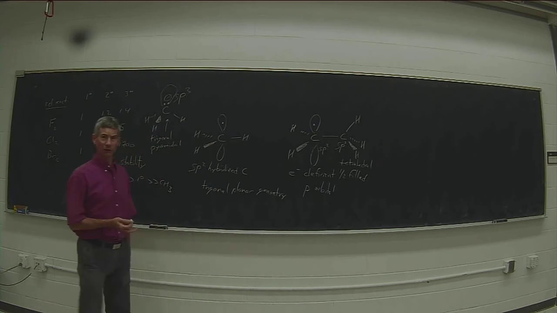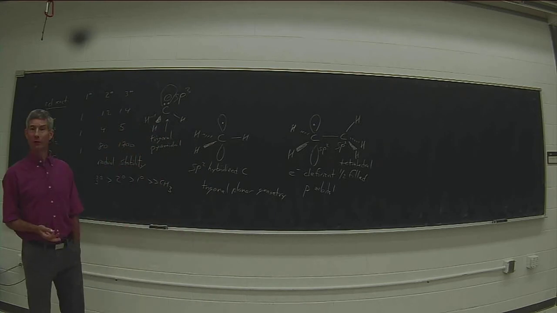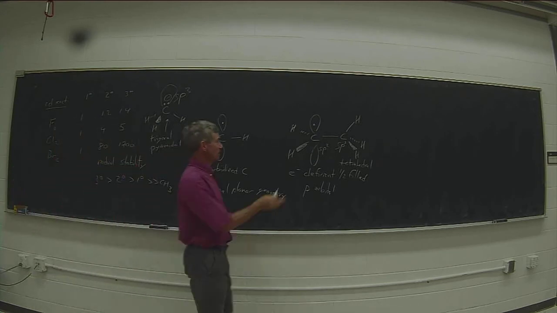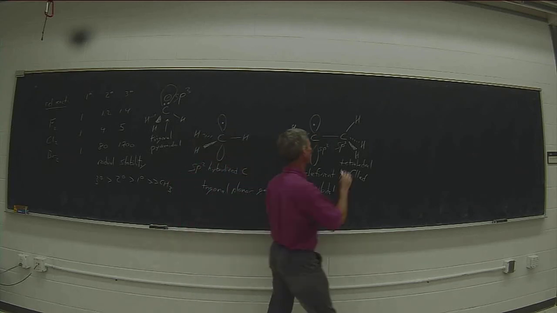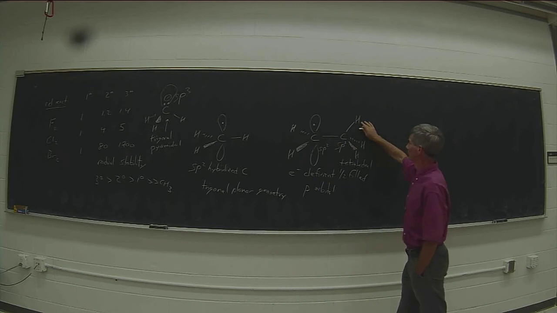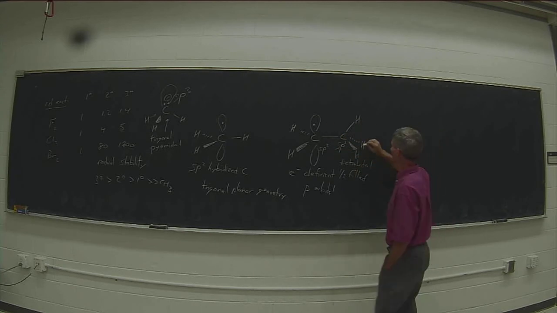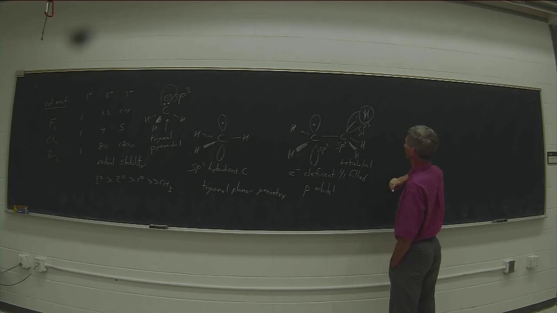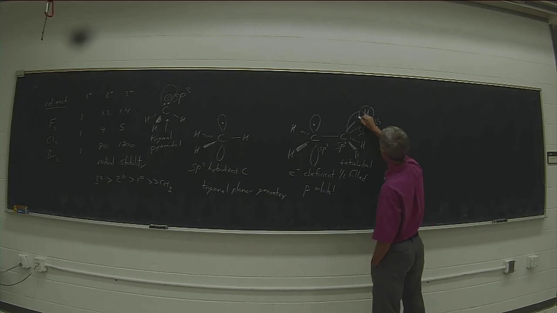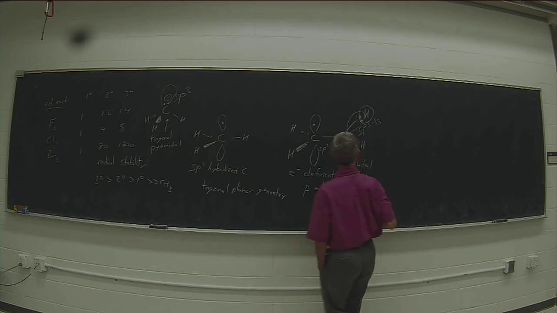And that means that at least one of those carbon-hydrogen sigma bonds is going to be in the same plane as the p orbital. The way I've drawn it here, this carbon-hydrogen bond is in the plane of the p orbital. And that bond is formed by overlap of an sp3 orbital on carbon and the 1s orbital on hydrogen. Pair of electrons there.